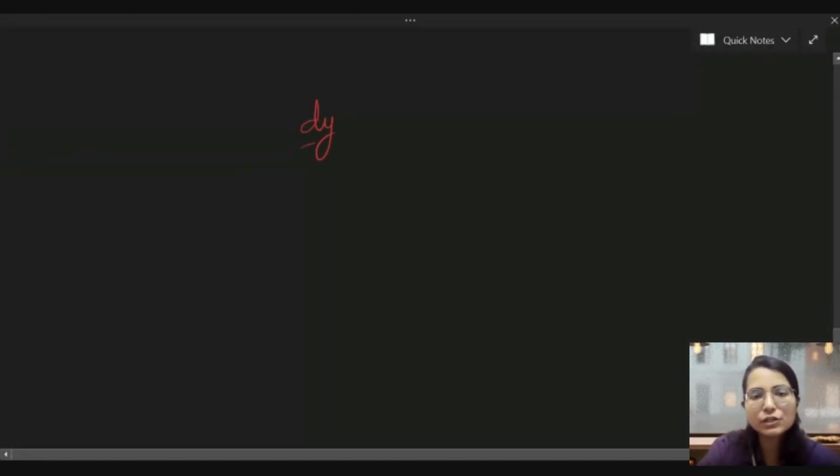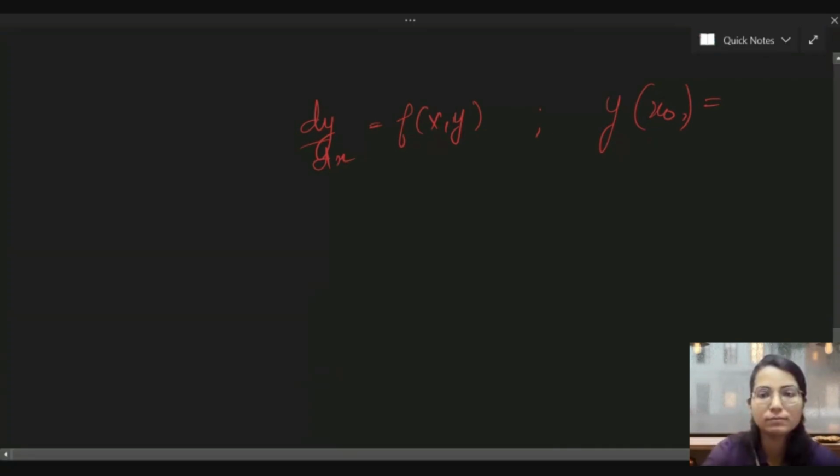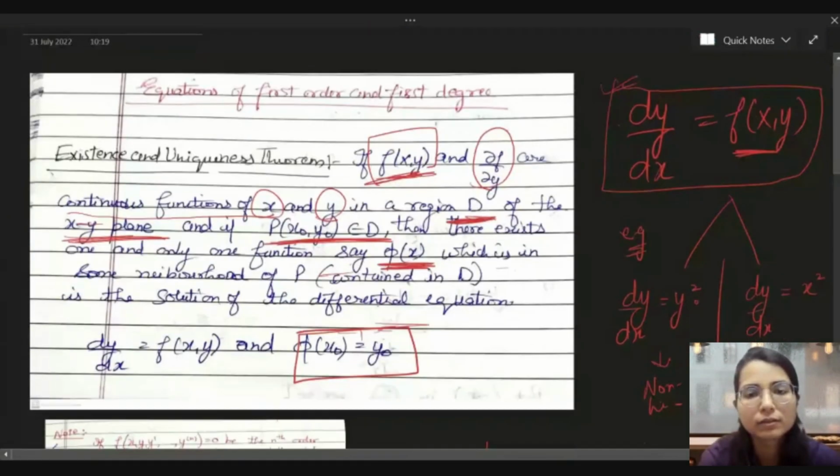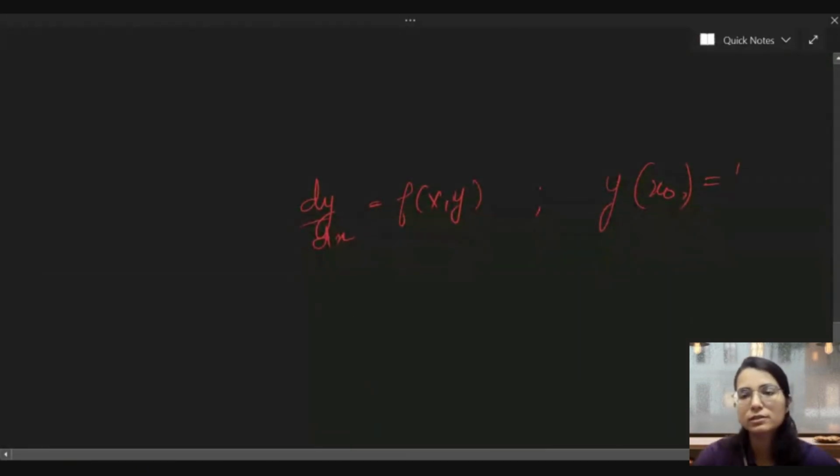If you have a differential equation like this, and you know there is some given condition, phi of x naught is equal to y naught at the x naught point, or it could be y of x naught is equal to y naught. So the given point P will be x naught, y naught.